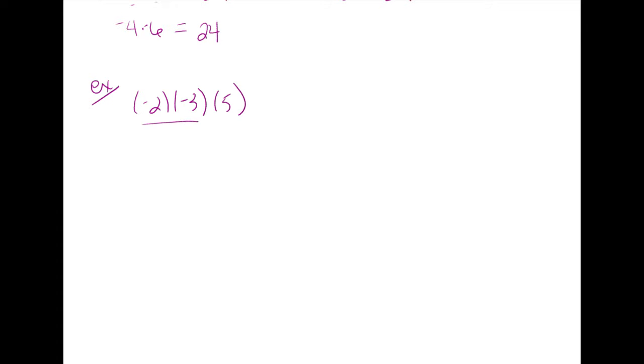So I'm going to take the first two numbers and multiply them together. And notice I have this scenario, negative times a negative. If you look at your chart really quick, if you don't remember, that yields us a positive value. So negative 2 times negative 3 is a positive 6. And then I would have to multiply it times 5, which of course would give me 30.